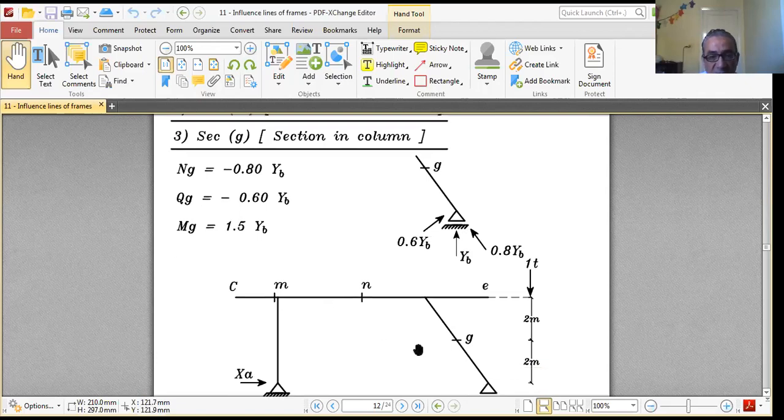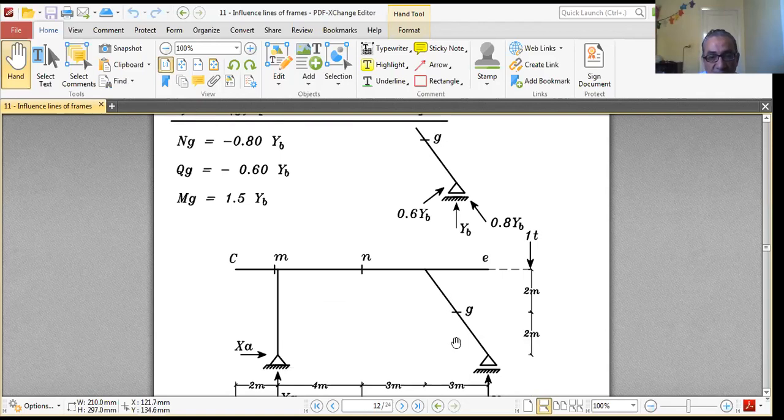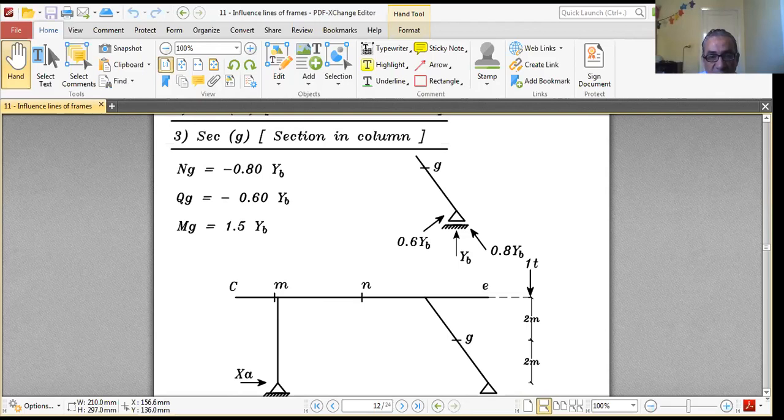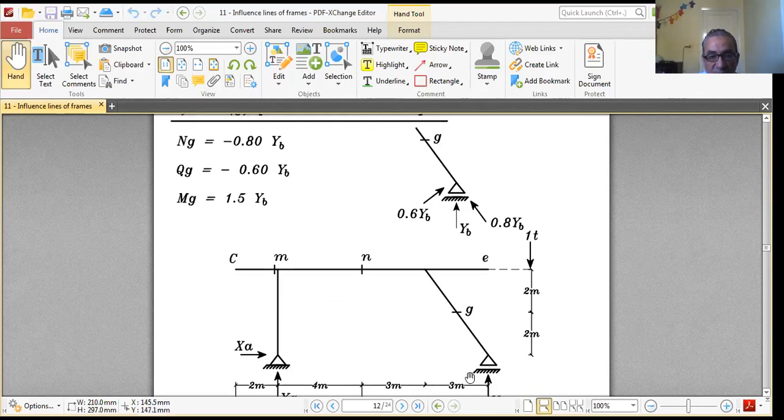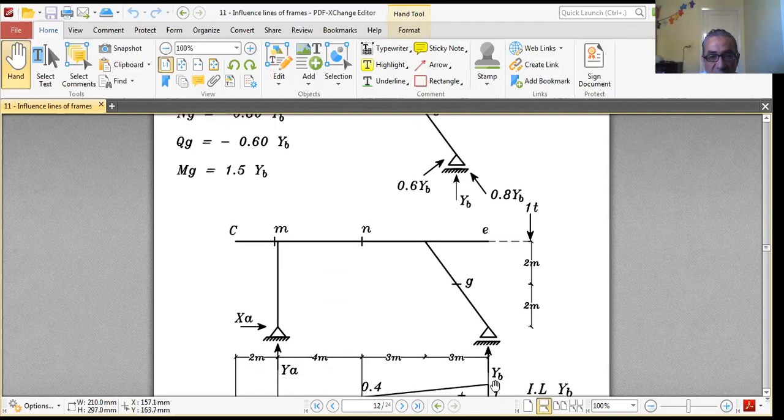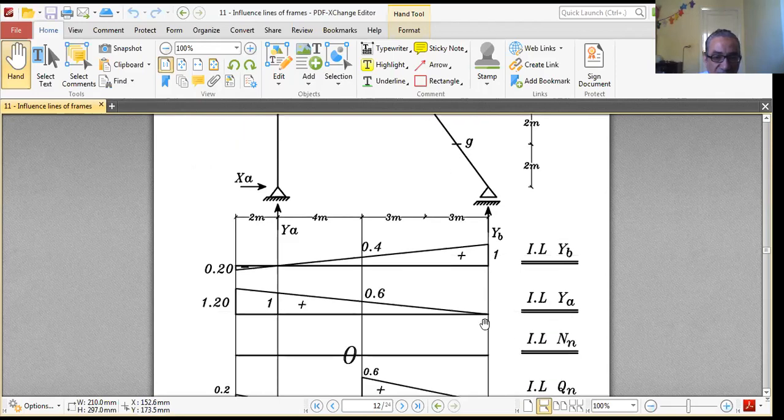For section G in the column, normal force equals 0.8 Y_B. Shear equals 0.6 Y_B, and moment equals Y_B multiplied by 1.5. This is at 1.5, 2 meters vertically, or 1.5. So this is for section G.